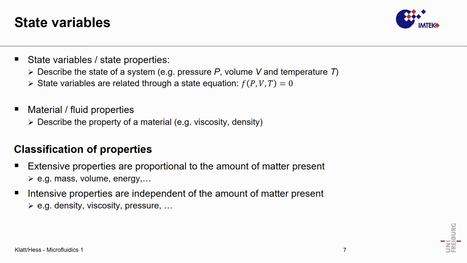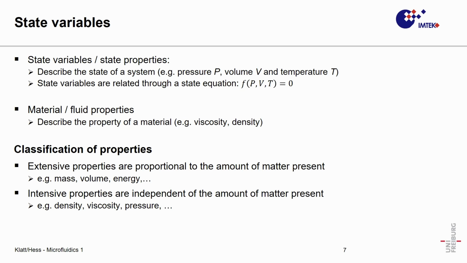These properties describe the state of a system. So a common example is the pressure and the volume and the temperature, which define the state of that system. And those state variables are typically related by a state equation. For gases, for example, this is usually the ideal gas law, which we're going to discuss later in more detail.